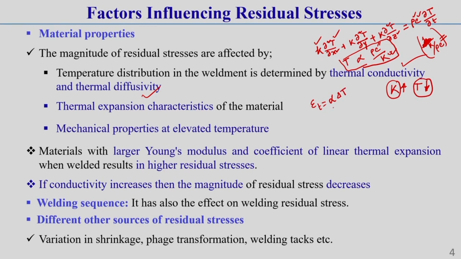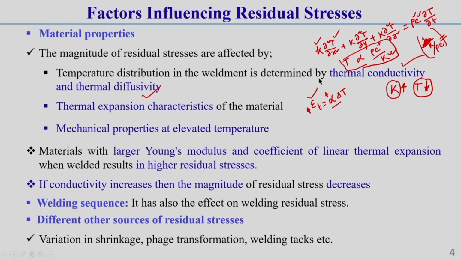So, if the thermal expansion coefficient is more, then thermal strain is more. If the strain is more, then there will be more contraction and expansion phenomena. So, there is a chance of more residual stress, correct. So, it depends on the thermal expansion coefficient also.